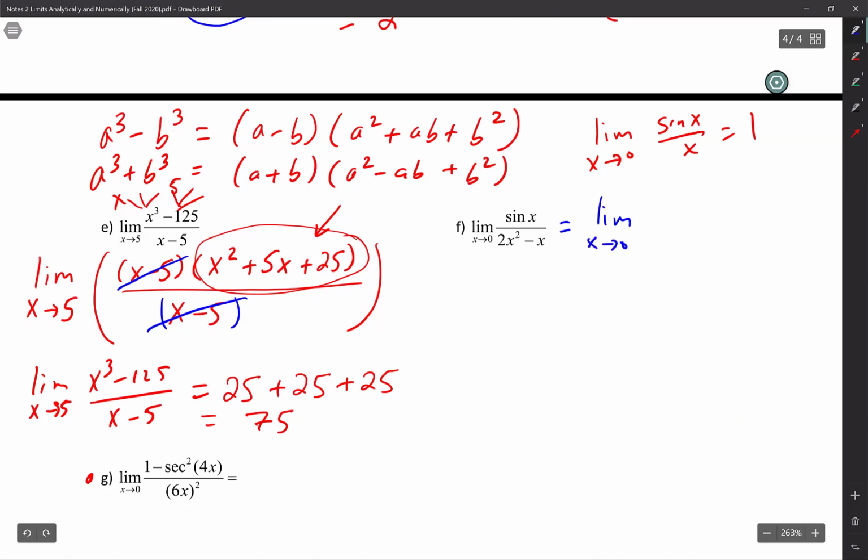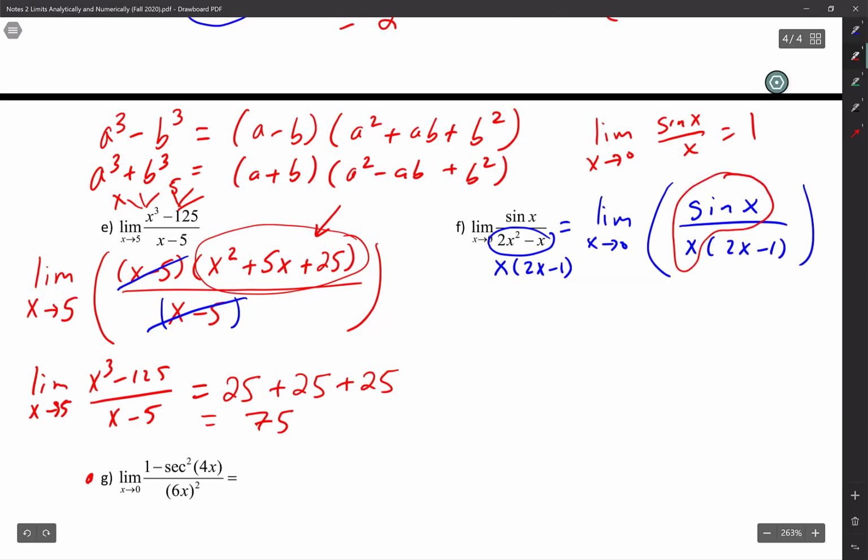And since I'm going to have some stuff being multiplied, I'm going to put a giant parenthesis. Look what you can factor out on the bottom. You can factor out an x, 2x minus 1. Do you guys see that? So maybe you don't see it, so I'll write it again. x, 2x minus 1.